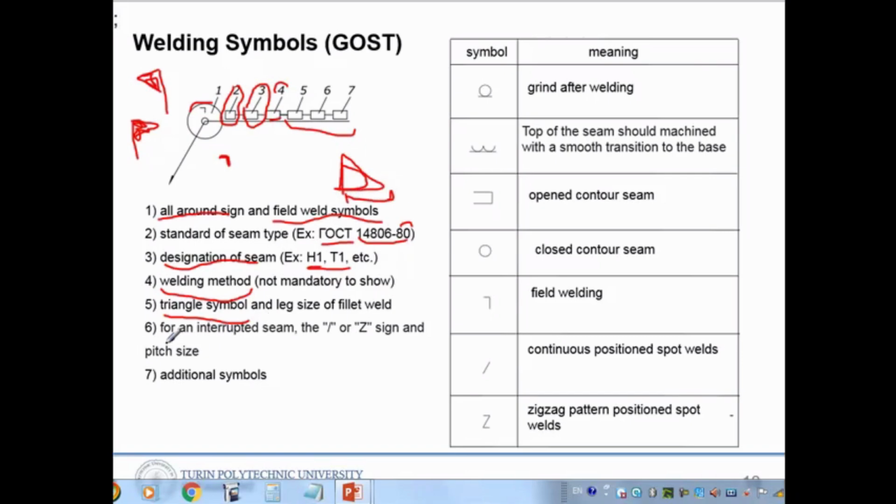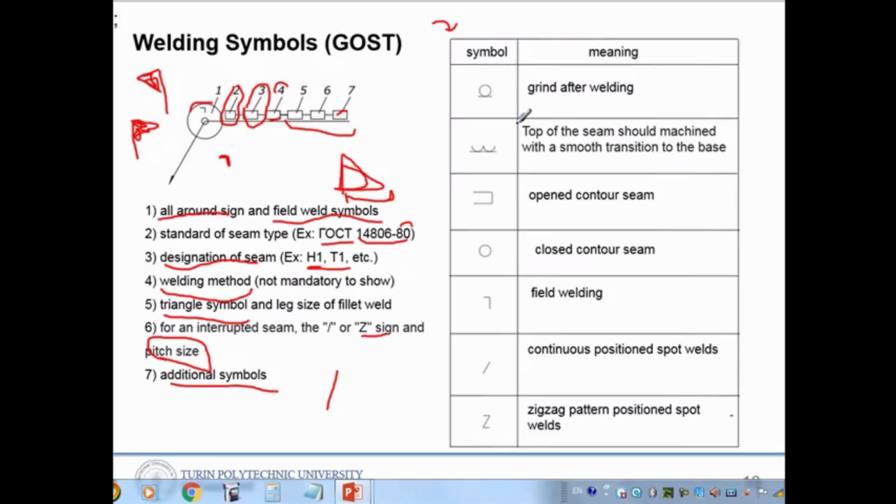And next, for an interrupted seam, we have this kind of slash or Z sign, and you can write the pitch size of it. As I told you, the last one is the pitch size. And the seventh position, the latest one, and the additional symbols can be used on the right-hand side.